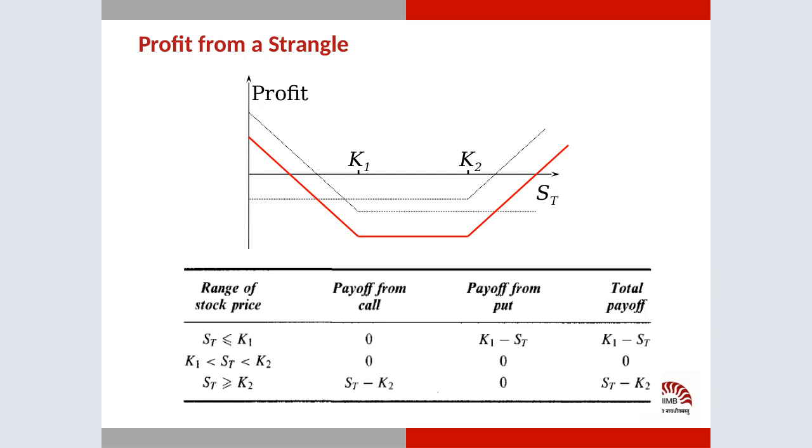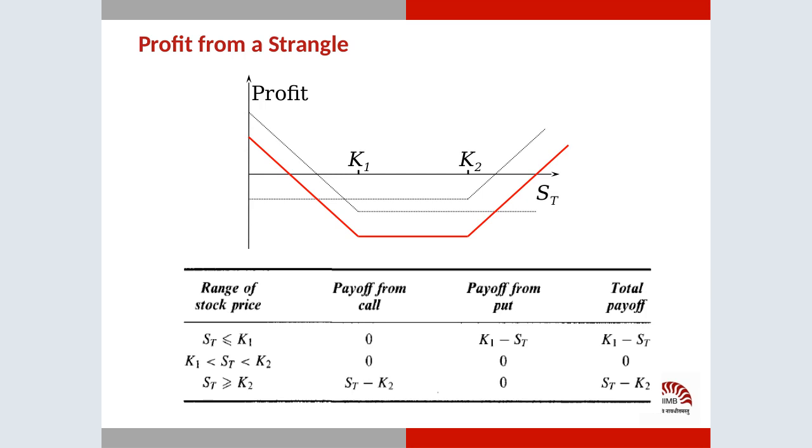The straddle is more expensive because it is only at one point. If you're above that point or below that point, you always have a call or a put option which will be applicable. Here there is a range between K1 and K2 where none of the two options will be exercisable, because even if you do, it is in the zone where it does not really make a difference. Therefore, this becomes the strangle.